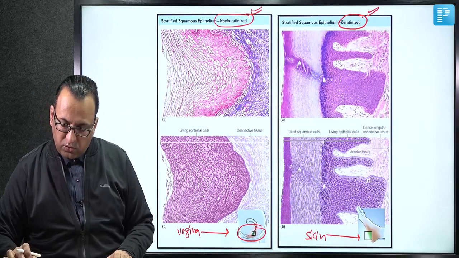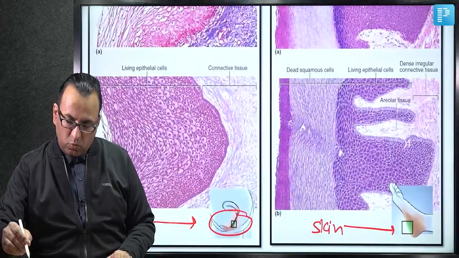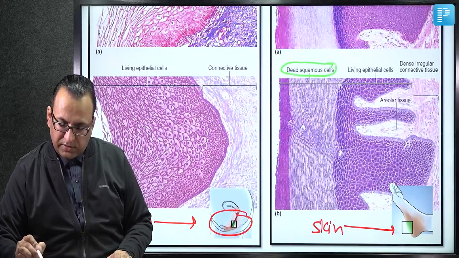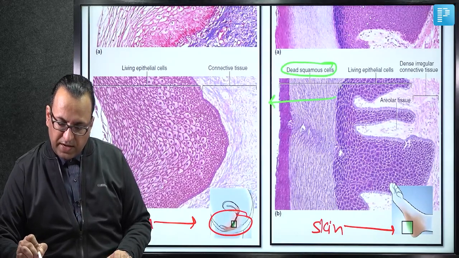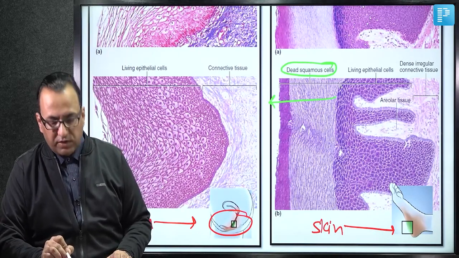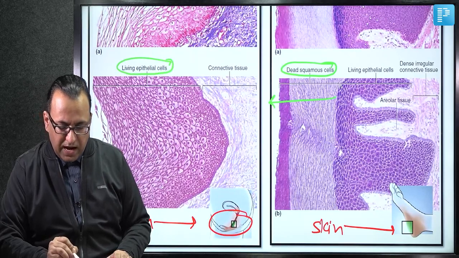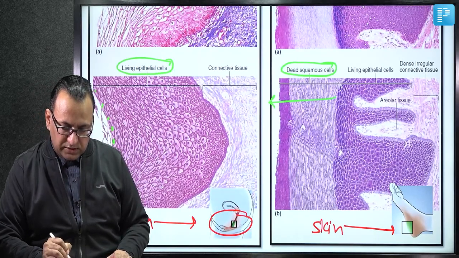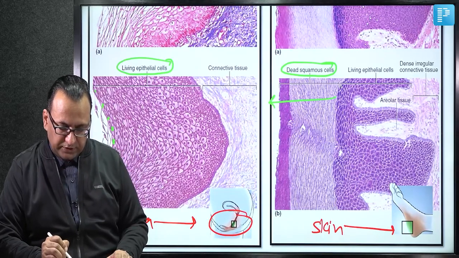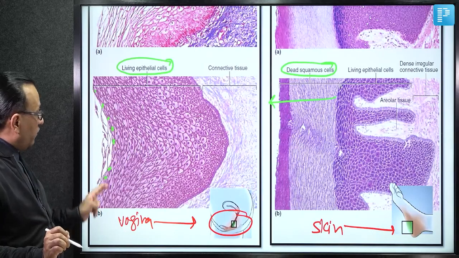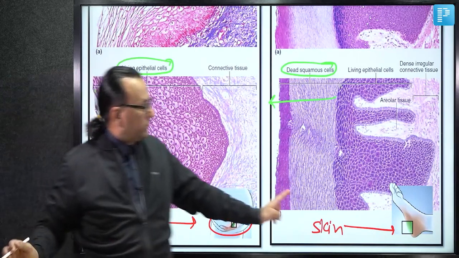So we see that though their epithelium is similar, one basic difference is that in the skin we have dead squamous cells towards the outer side, whereas in the vaginal epithelium or the esophageal epithelium, even the superficial cells are living and have nuclei. So even the superficial cells towards the surface will have nuclei because they are living epithelial cells, which is not seen in the case of skin.